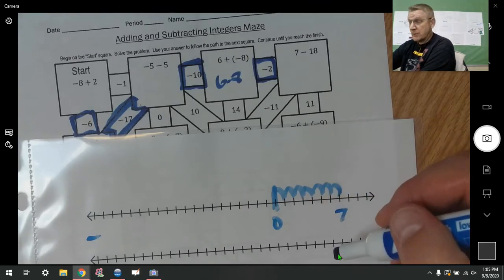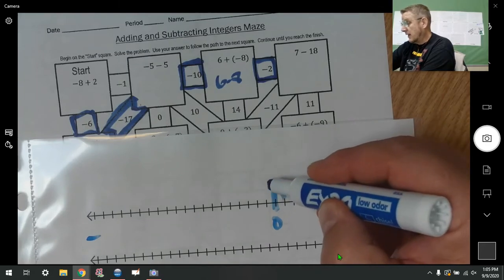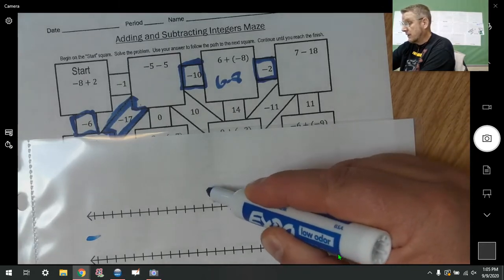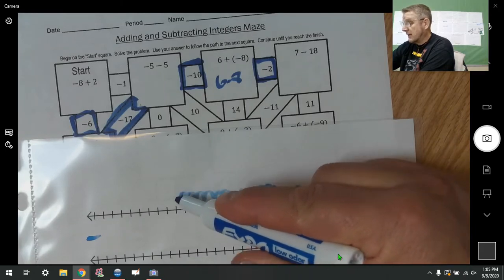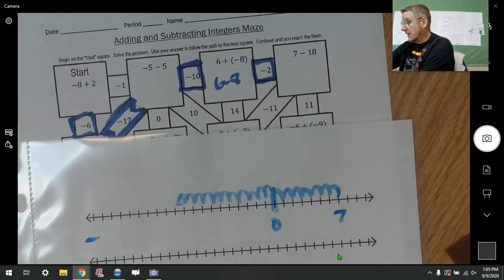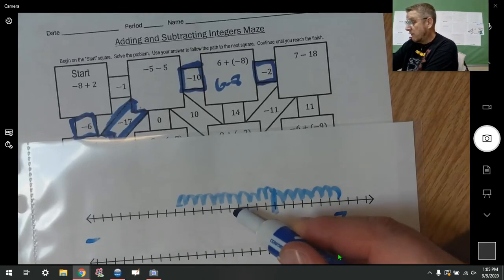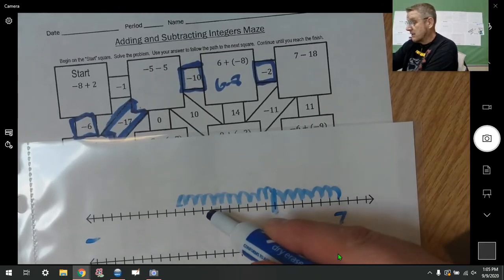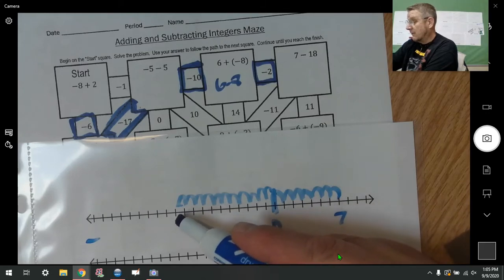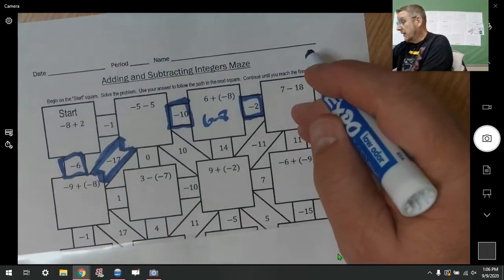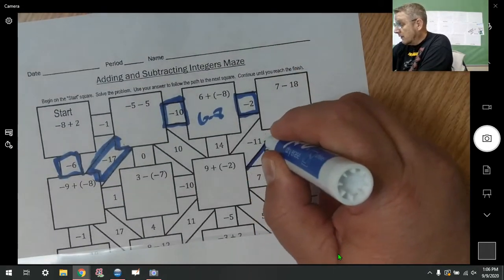So that would put me at 0. So I did 7. And I got 8, 9, 10, 11, 12, 13, 14, 15, 16, 17, 18. So it's 18. So now I've got -1, -2, -3, -4, -5, -6, -7, -8, -9, -10, -11. So that would be my -11, this one over here.